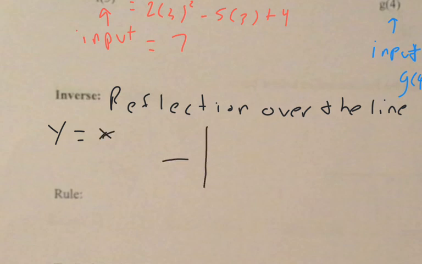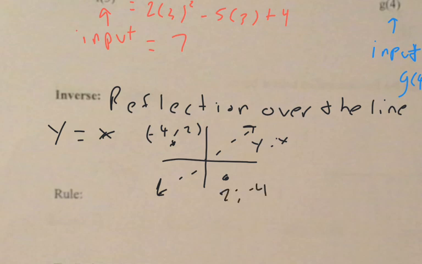If we had a graph here and a point over here, we'll call it (-4, 2), we're reflecting over this line, the one that goes through the origin. This is y equals x. Reflecting this, we end up somewhere down here, and it would be (2, -4).